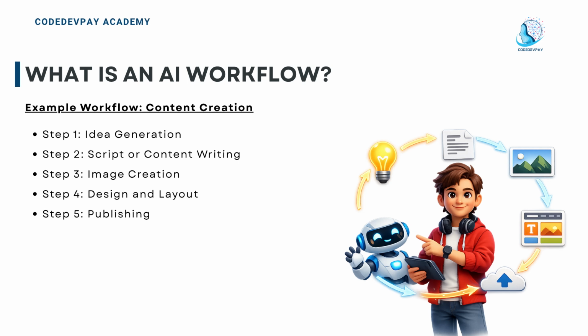And the fifth one is publishing. You should know that each step builds on the previous one. This is what makes it a workflow, not just random usage. We will demonstrate this so we know how it works.